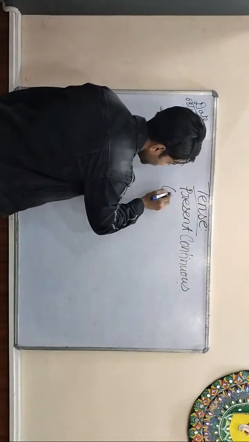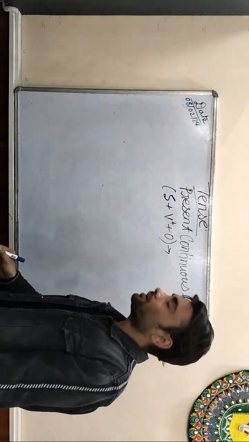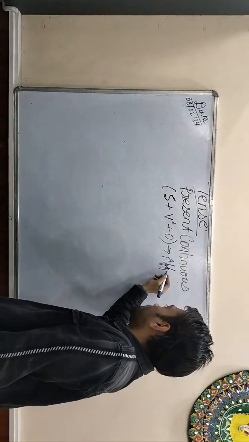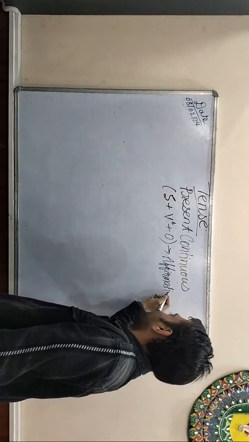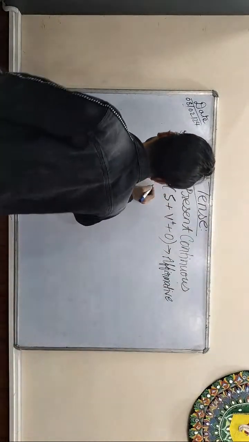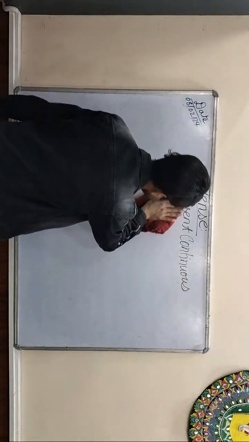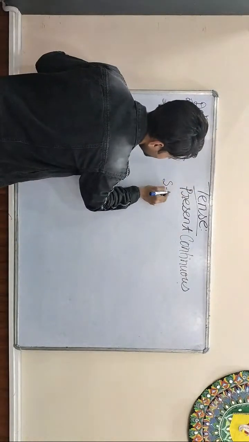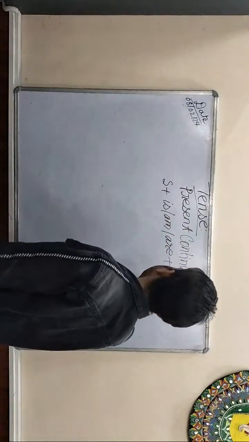What are the basics? For affirmative sentences, subject plus is, am, are, plus verb plus ing, plus the rest of the sentence is used.